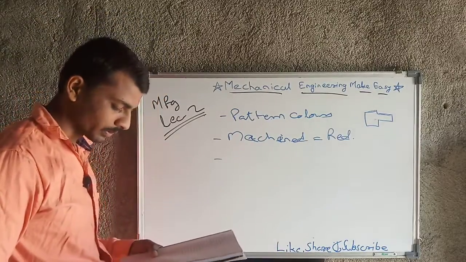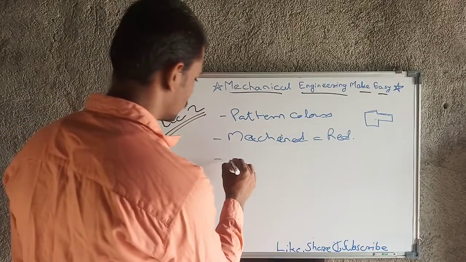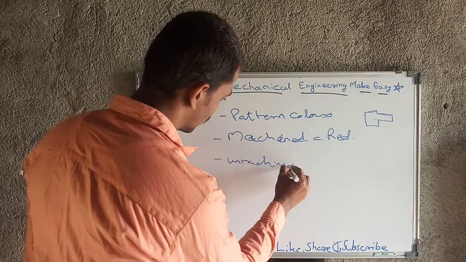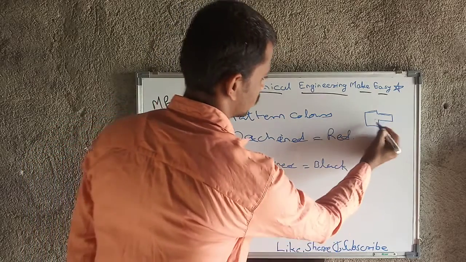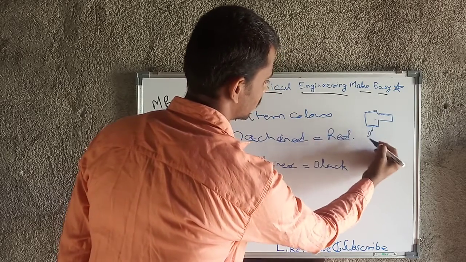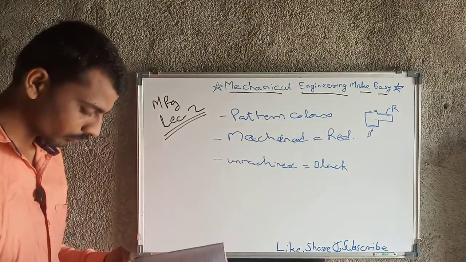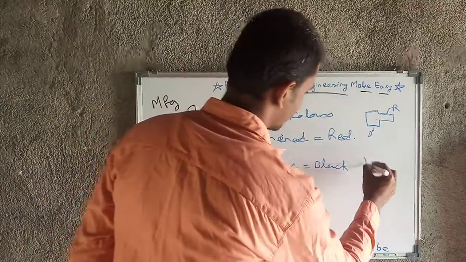Next is surfaces to be left unmachined, means which surfaces we don't have to do any machining. For unmachined, the color will be black. Means for example this surface we don't have to do anything, so this will be painted with black, and this is painted with red. Okay, then the core print seats, if a pattern is there.